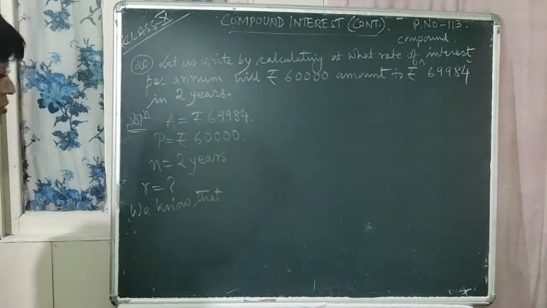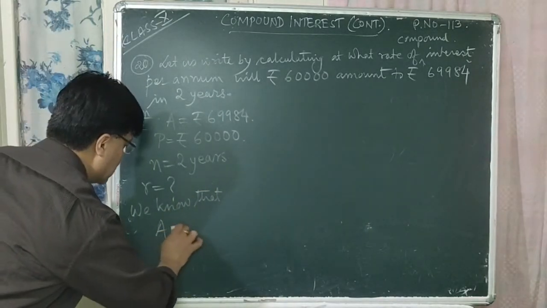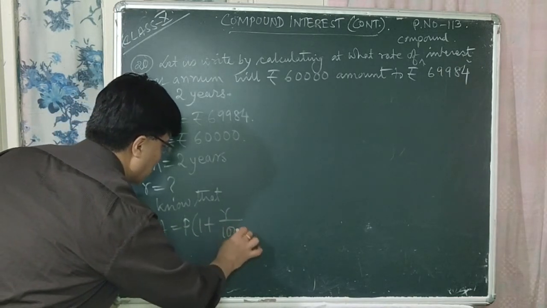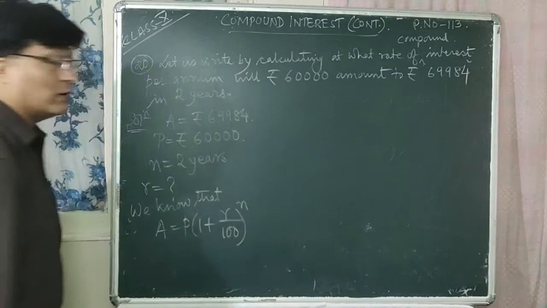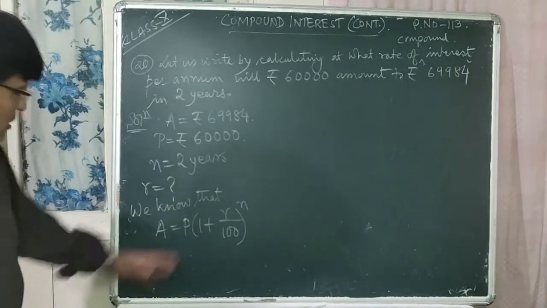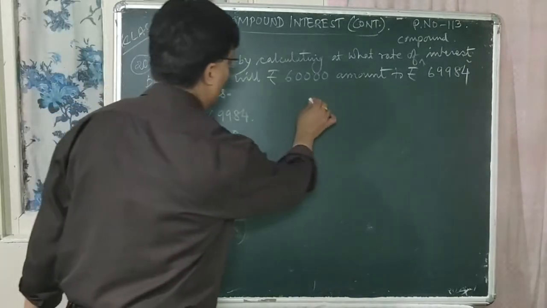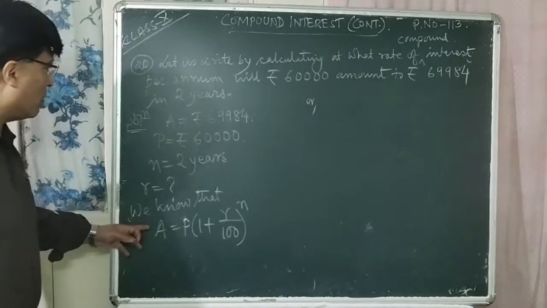Okay. So now we know the formula for the amount, that is A is equal to P within bracket 1 plus R upon 100 whole to the power N. Okay. So this is the formula that you can use here. What is the amount in this case?